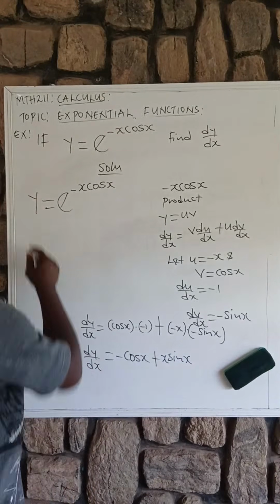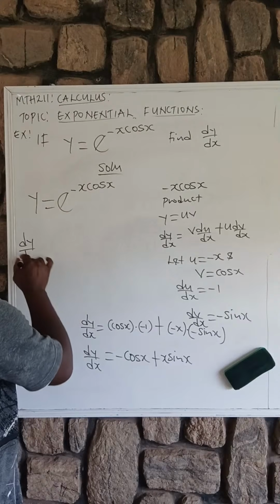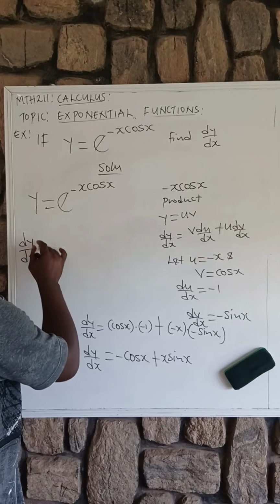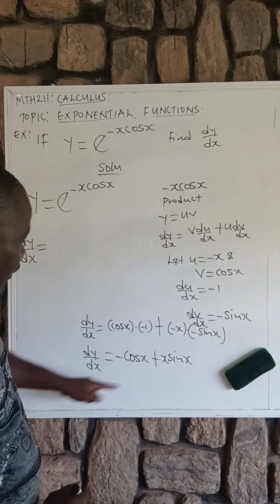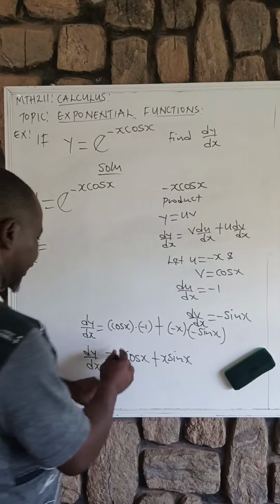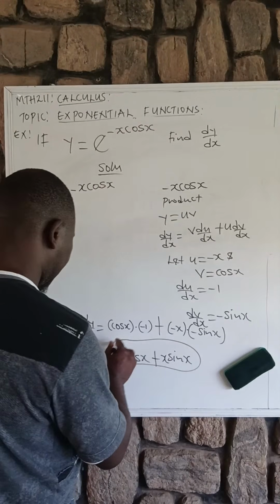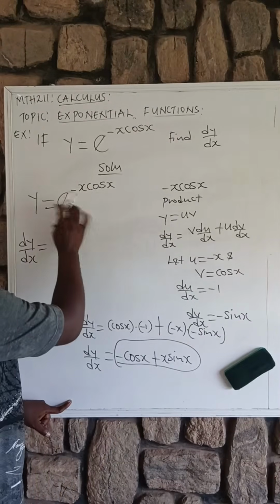It's the same thing. So the final answer, dy over dx, is equal to this answer multiplied back by the function.